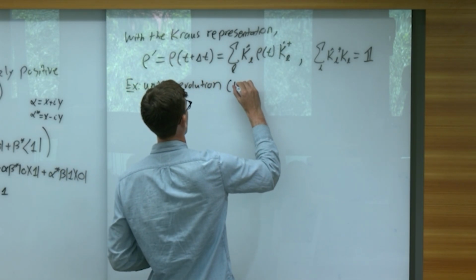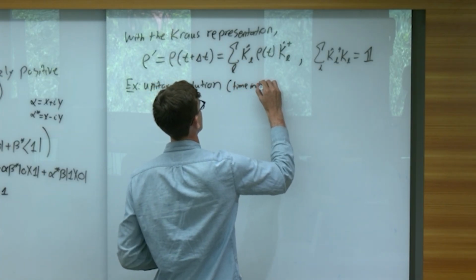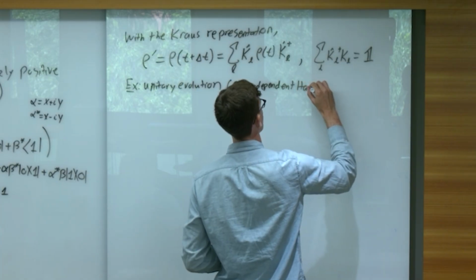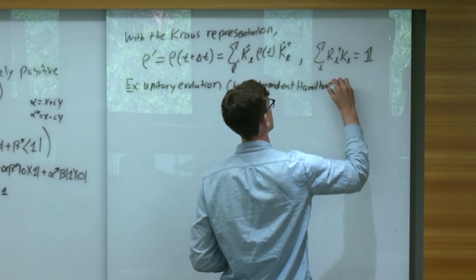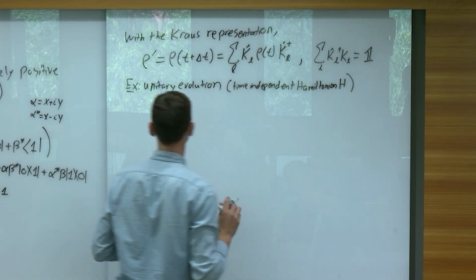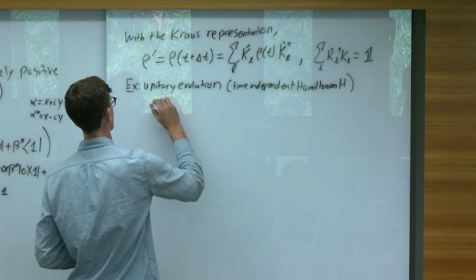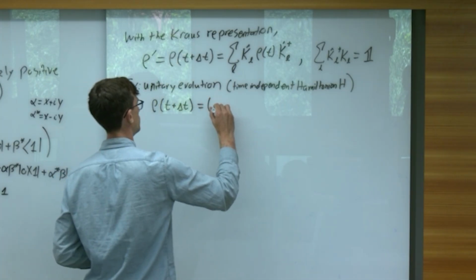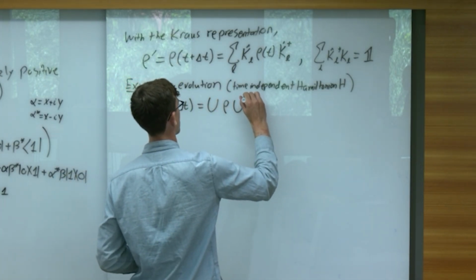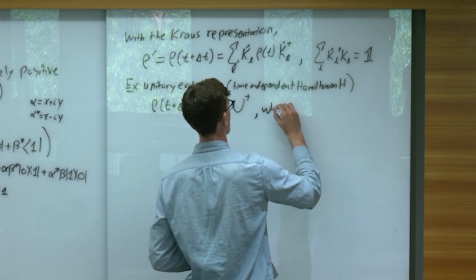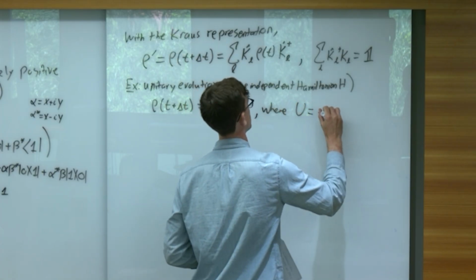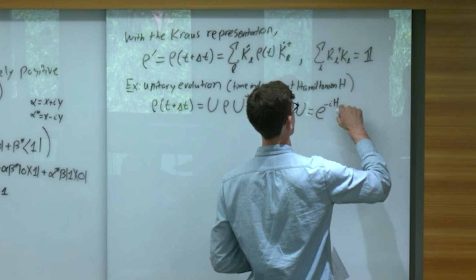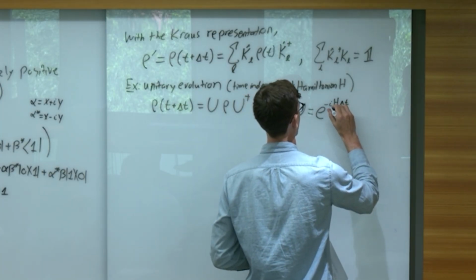We'll consider a time independent Hamiltonian H. We would say that rho of t plus delta t is equal to U rho U dagger, where U is equal to e to the minus i H delta t, all over h bar.